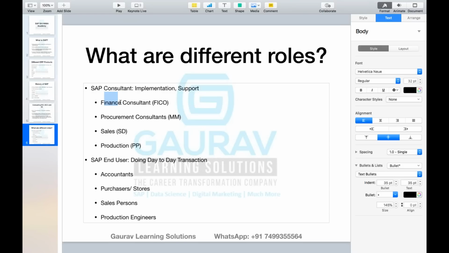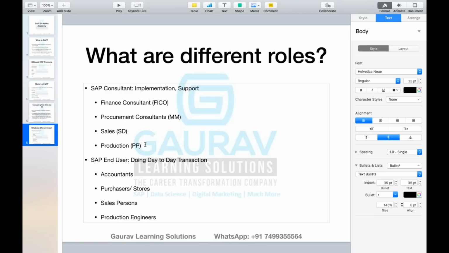Just being the SAP consultant will not help. There has to be some domain knowledge because you are going to work with the top management, and if they are asking you basic questions and you are getting confused with debit and credit, that will make your life difficult, right? So a little bit of finance knowledge is important if you want to become a SAP FICO consultant.